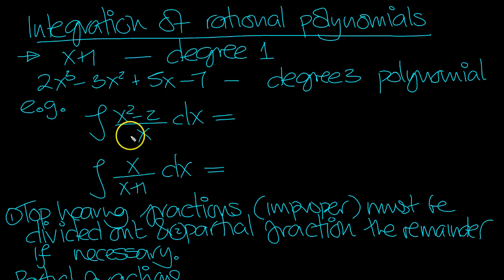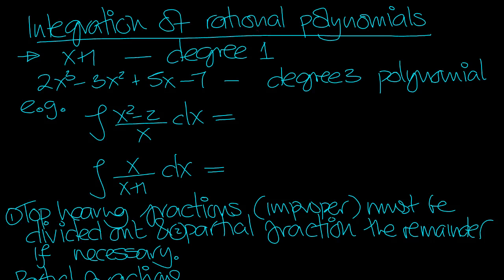The order of the polynomial, basically, if you look at the order of the top and the order of the bottom, this is of order 1, the highest power, this is of order 2. So that corresponds to an improper rational function, polynomial function, because the power on top is bigger than or equal to the power underneath. Here the power on the top is 1, power underneath is 1, isn't it?